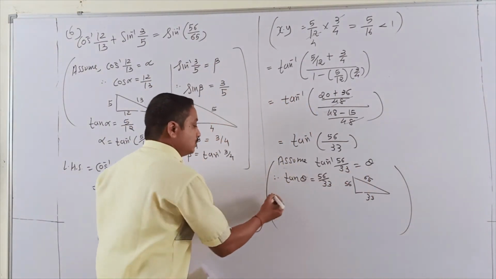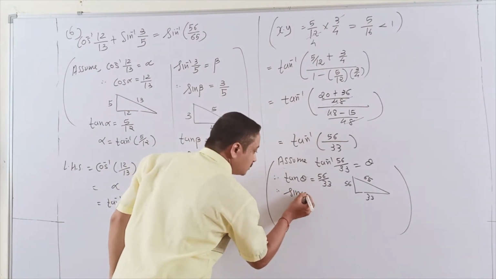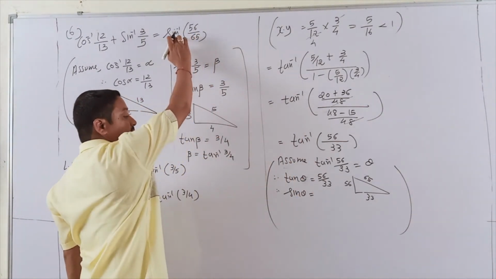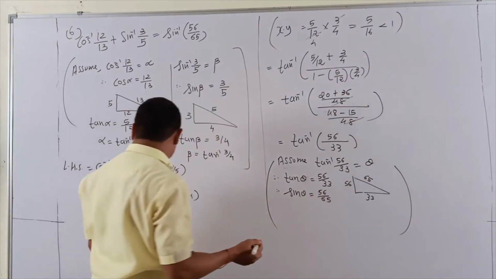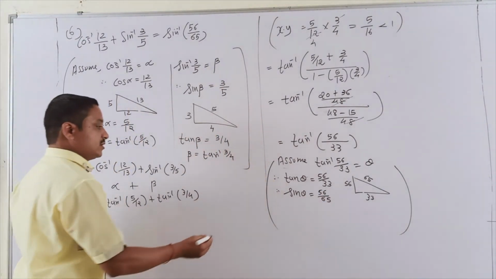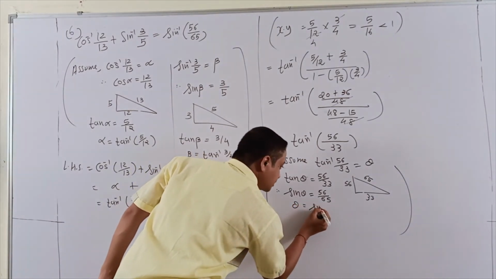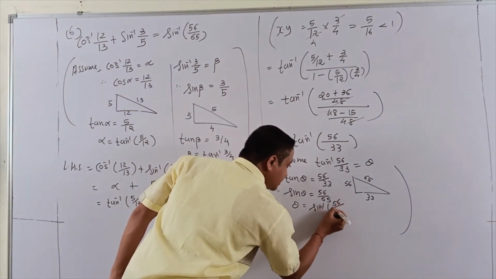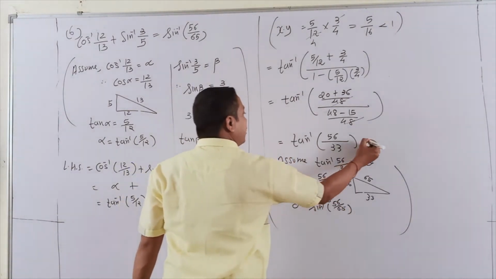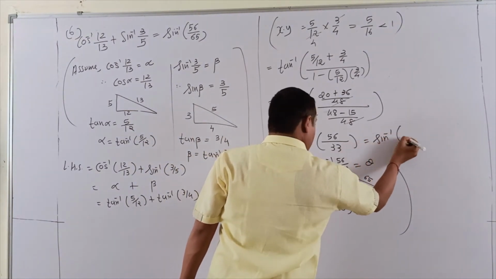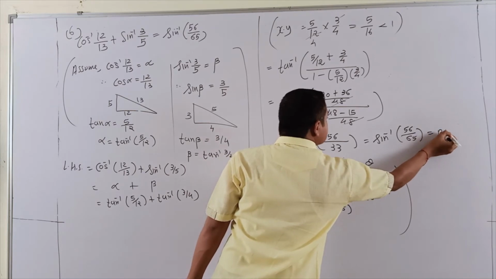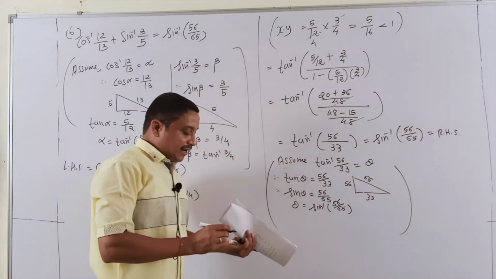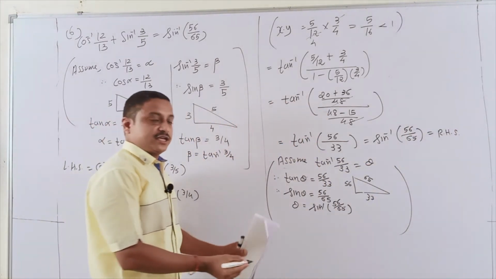After that, sin theta, I want in the sin theta answer. It is 56 by 65. So what is the theta? Yes, sin inverse 56 by 65. And that value I apply here, 56 by 65. And that is your RHS. And happily done. This numerical, students.